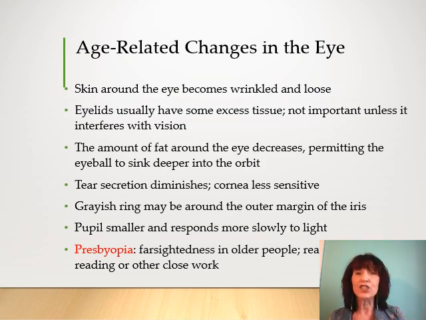So it can't adjust as quickly as it used to light and dark. So that's why with our elderly patients, we have to be very careful and always leave a little bit of light on in the room so that they can see, because it's hard and slow for them to adjust to light and dark. A grayish ring, you may have seen that when you look in some of your patients' eyes.